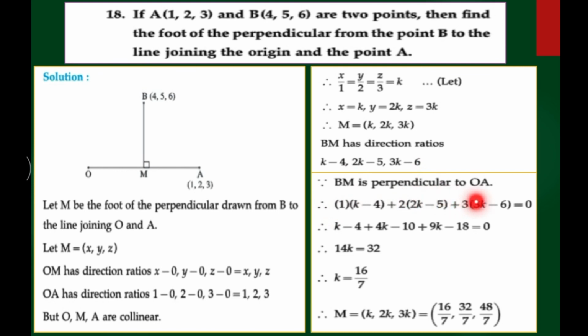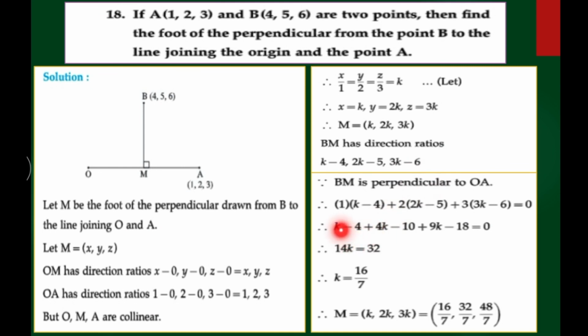Since BM is perpendicular to OA, now these two are perpendicular to each other. So using the concept A1 into A2 plus B1 into B2 plus C1 into C2 equals 0, we write here 1 into (k minus 4) plus 2 into (2k minus 5) plus 3 into (3k minus 6), because the direction ratios of OA are 1, 2, 3 and direction ratios of BM are k minus 4, 2k minus 5, 3k minus 6.